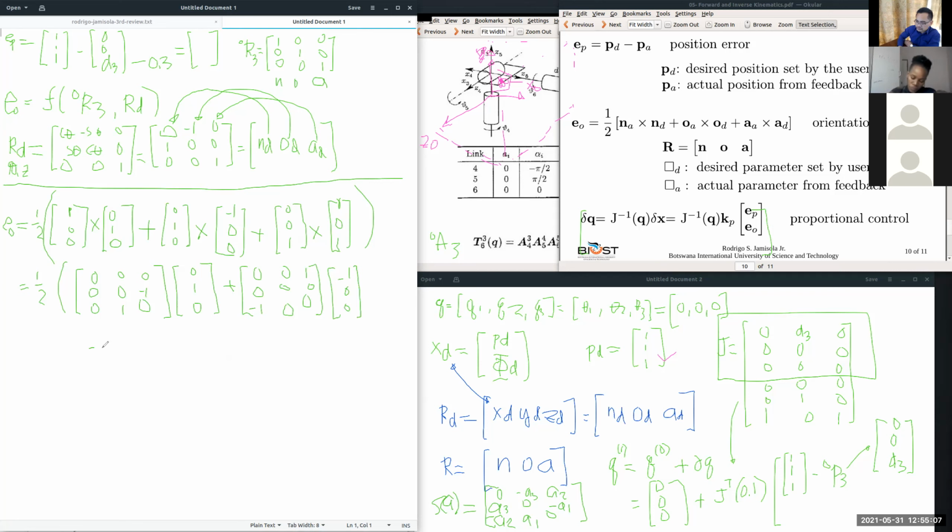Plus, again the skew symmetric matrix of this one, 0, 0, 1. Skew symmetric diagonals are 0, and only the third element has a 1. So the third element is minus 1 here and 1 there. The rest is 0.